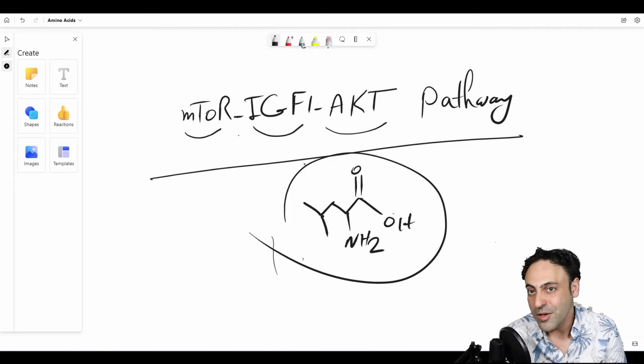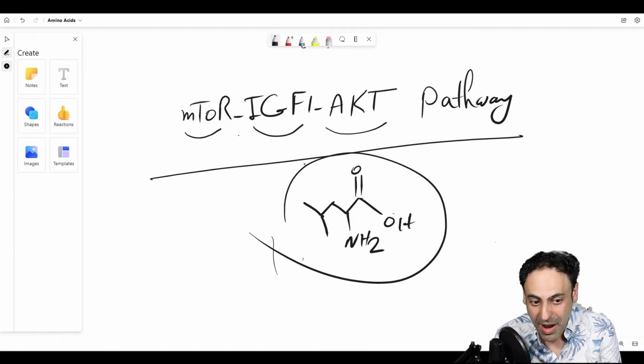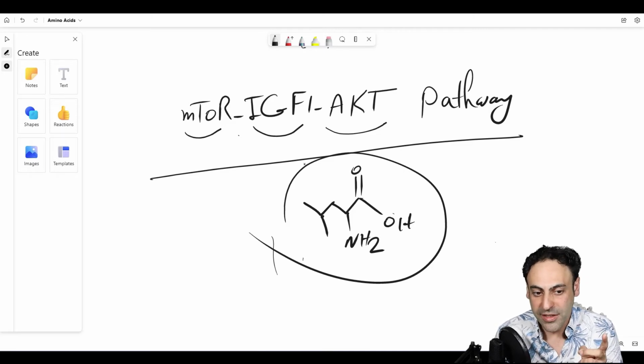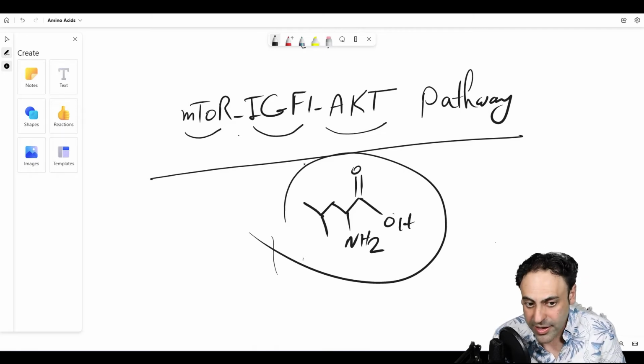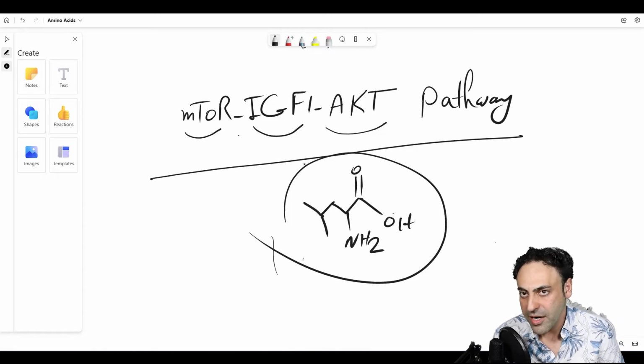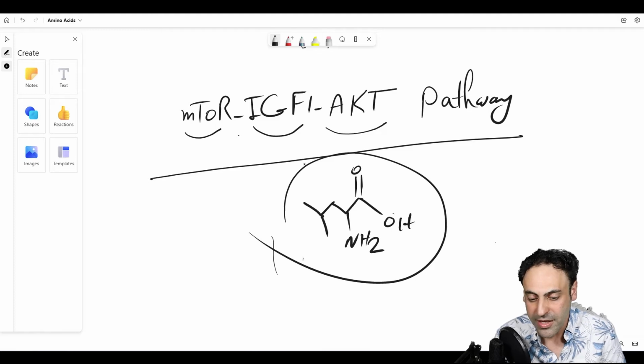That's why a lot of people take leucine supplements in order to have bigger muscles. And that's because of that pathway, mTOR, IGF-1, AKT. IGF-1 is insulin-like growth factor 1, plus AKT, which is another group of enzymes, of peptides, which is going to help growth and health and promote the immune system.